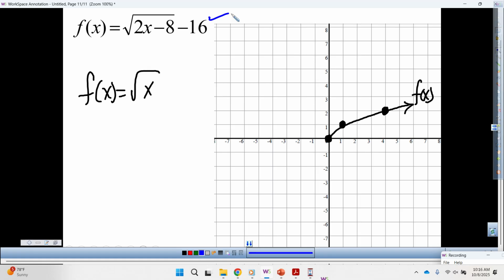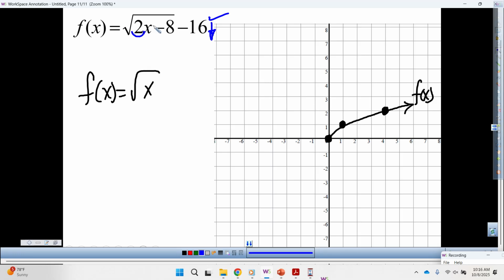You're like, wait a minute, Mr. Q. Isn't this one different on the inside? Yes, it is different. So, we know it's moving 16 in what direction? Down. And then your brain wants to say 8 to the right, which is incorrect. Why, Mr. Q? Because now the x has a number in front of it.